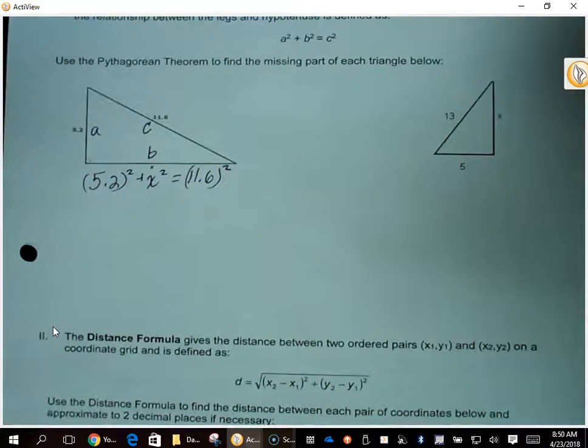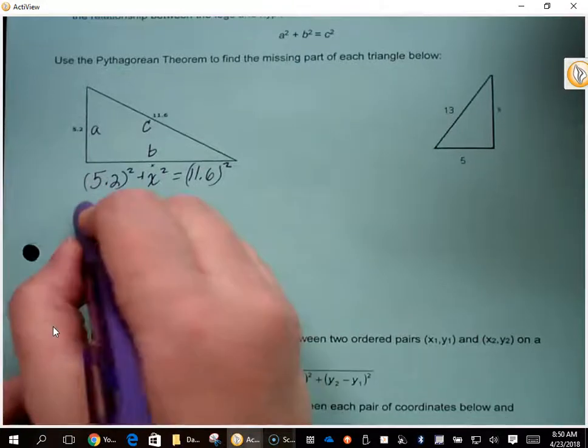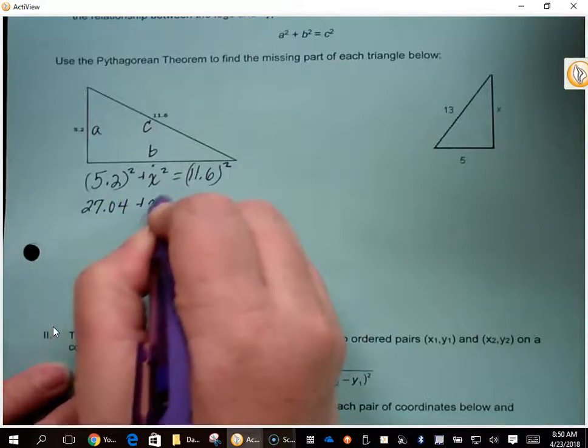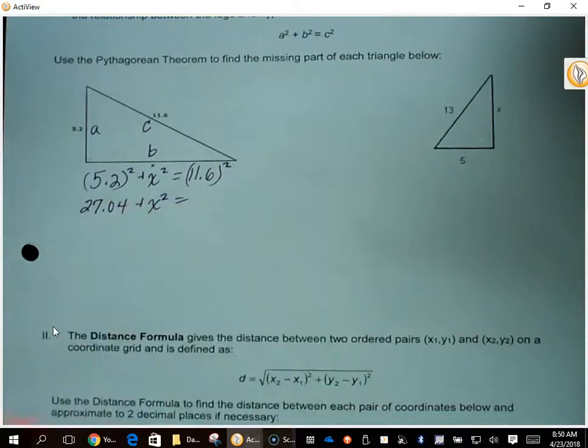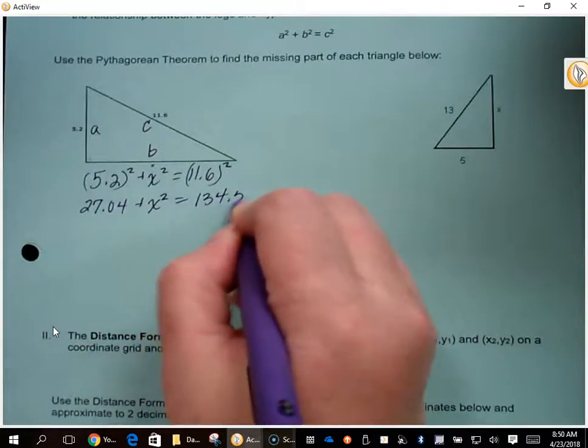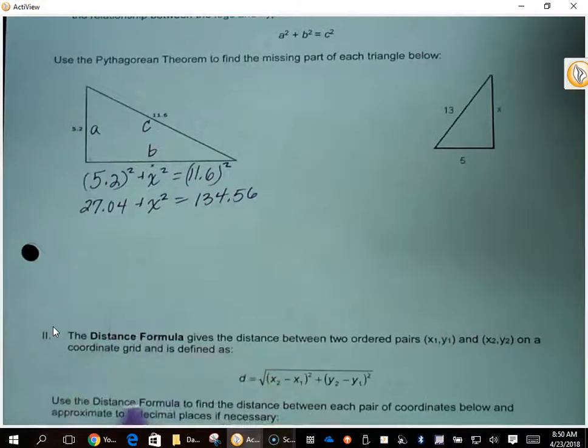I'm going to break out the old calculator. You may or may not choose to break out the old calculator. But if I do, now I can do 5.2 squared, which is 27.04, plus x squared equals 11.6 squared, which is 134.56. Solve that.